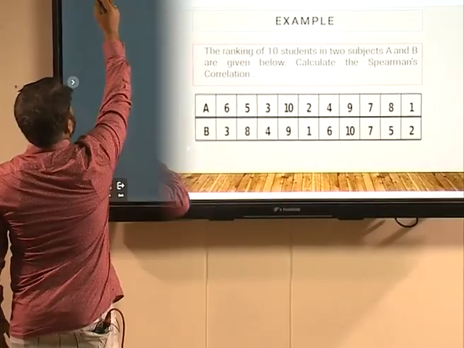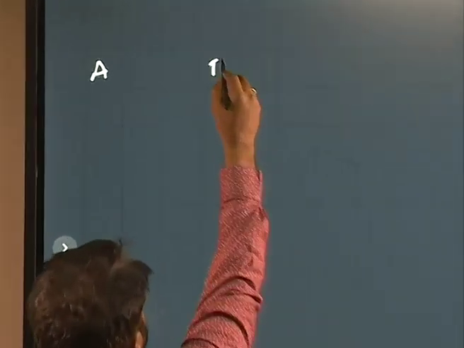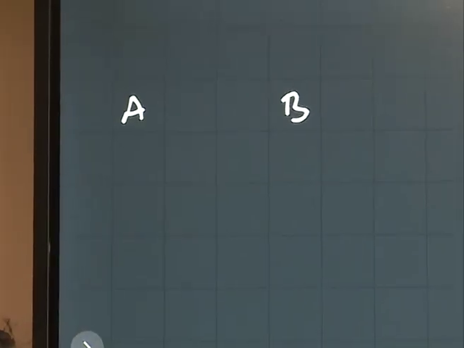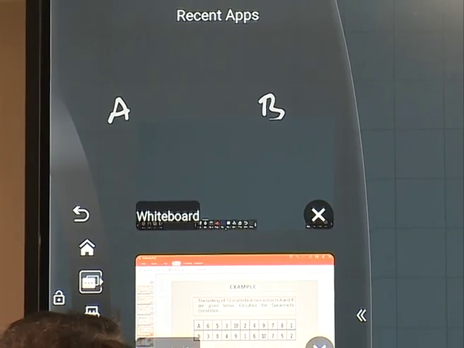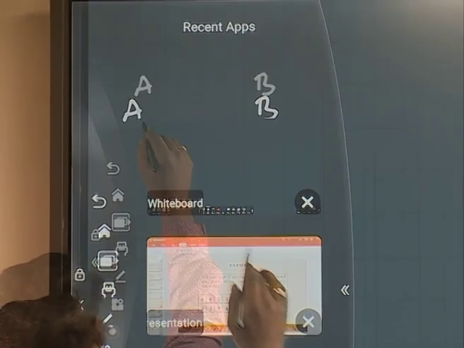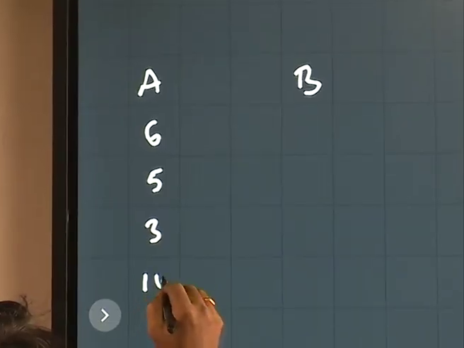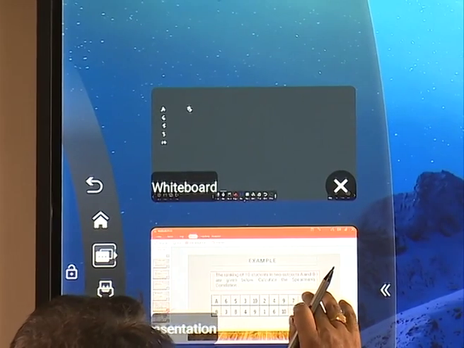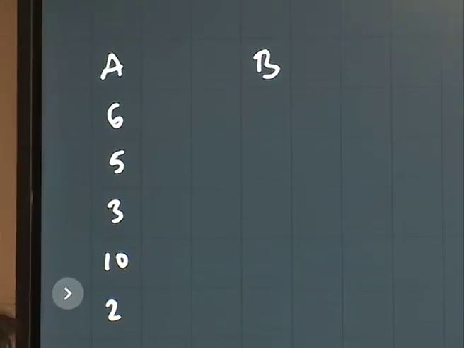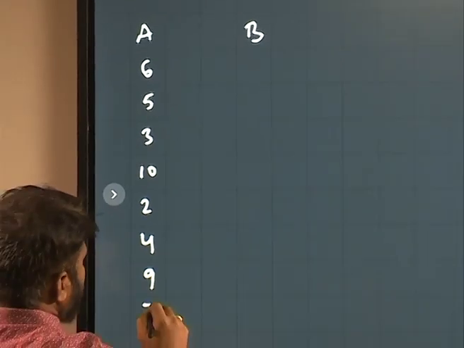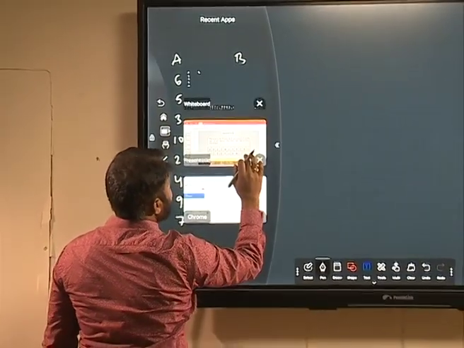The ranks in the A series are 6, 5, 3, 10, 2, 4, 9, 7, 8, 1.